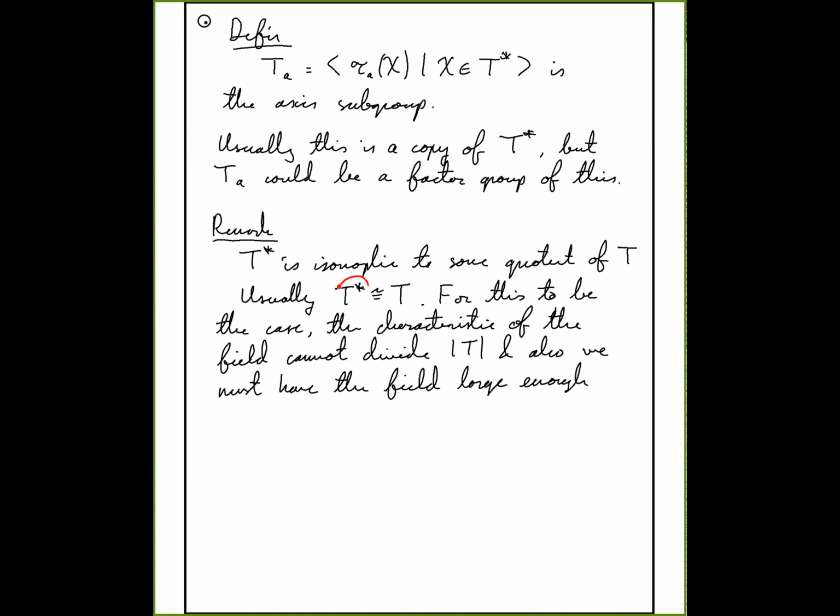Because to have these linear characters T star, we need certain roots of unity that we map to.